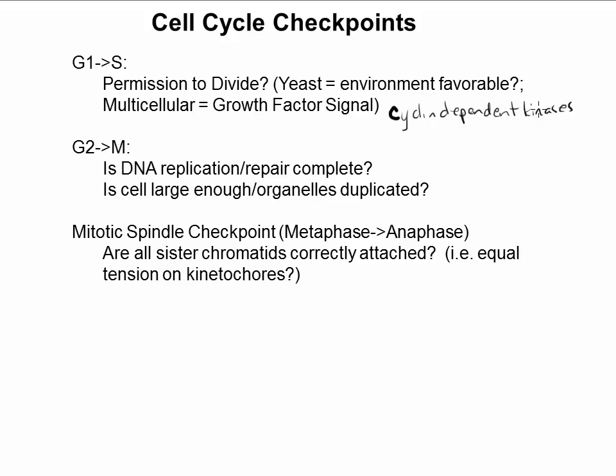And we've talked about kinases before, and so you guys know what a kinase is. Kinases phosphorylate targets using ATP, right? So transferring a phosphate from ATP to a target molecule. So both the G1 to S and G2 to M checkpoints are regulated by kinases in this class. Now, why are they called cyclin-dependent kinases?